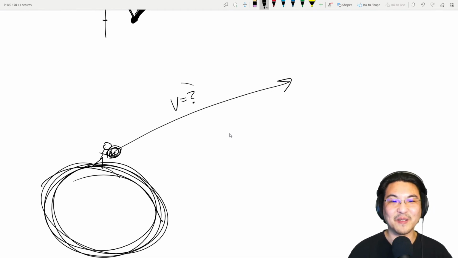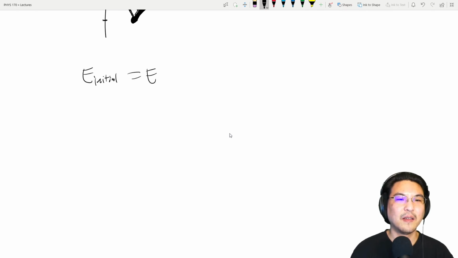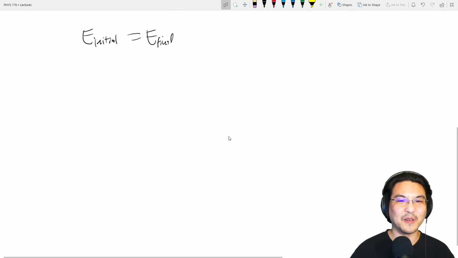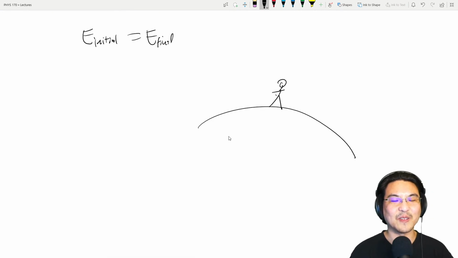So in other words, that's called an escape velocity. How do we do that? Let's assume there are no non-conservative forces, so energy is conserved. Okay, and let's say you're starting at the surface of the Earth. So what's the gravitational potential energy?